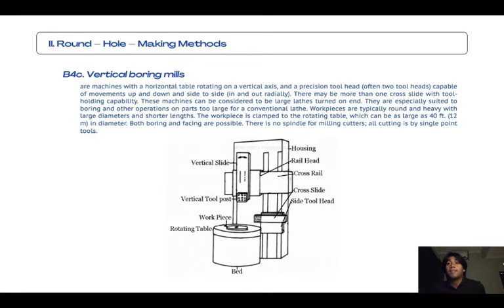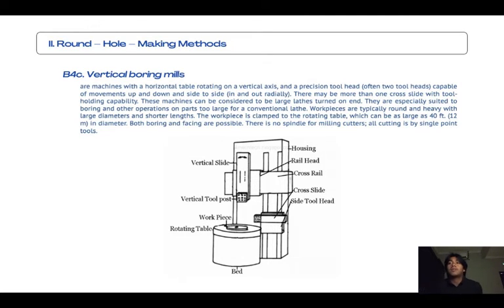There may be more than one cross slide with tool holding capability. This machine can be considered to be a large lathe turned on its end. They are especially suited to boring and other operations on parts too large for a conventional lathe.